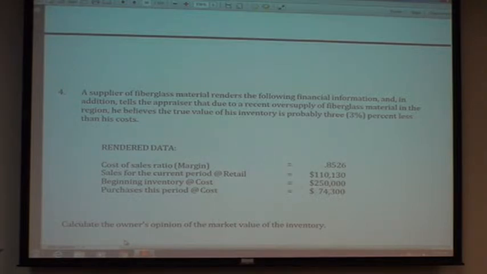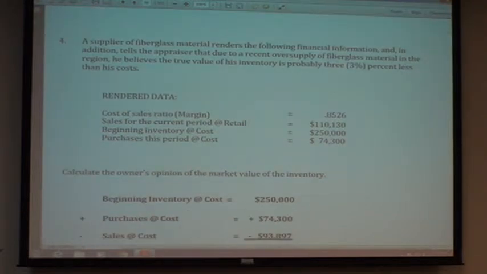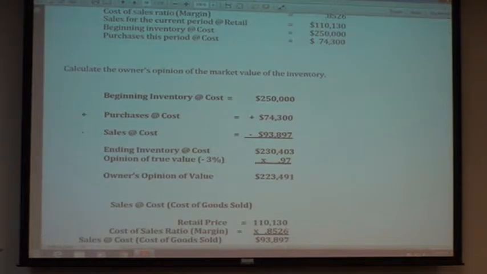Well, 85.26, so we're gonna go plus 250, plus 74, then minus that, what, 93,897? Plus 250 plus 74, minus the 93, which is the 110,130 times 85.26, gives us 234.03.